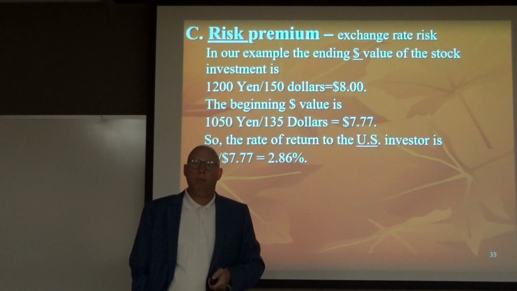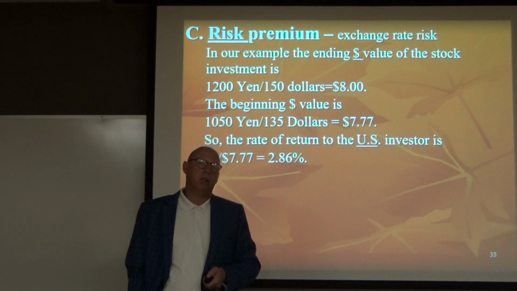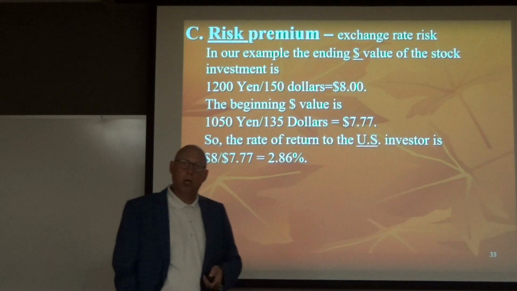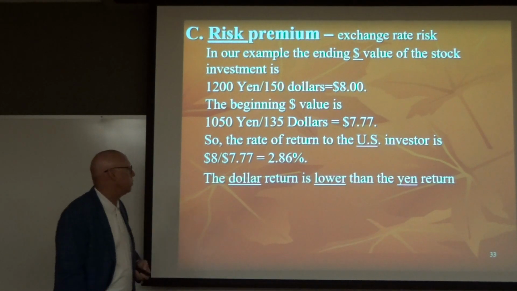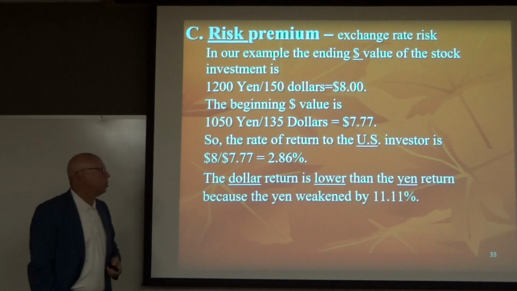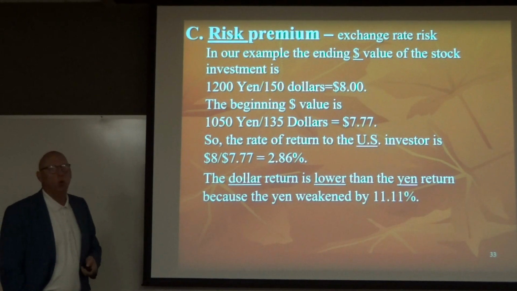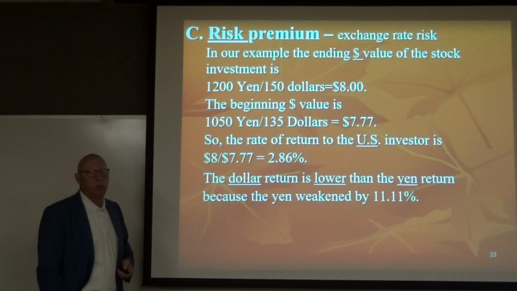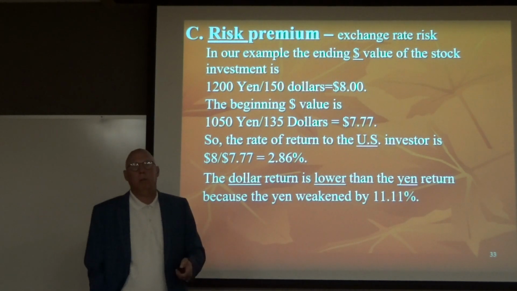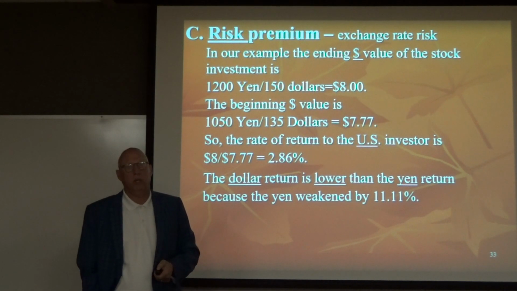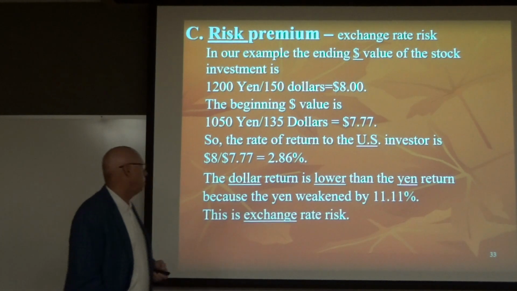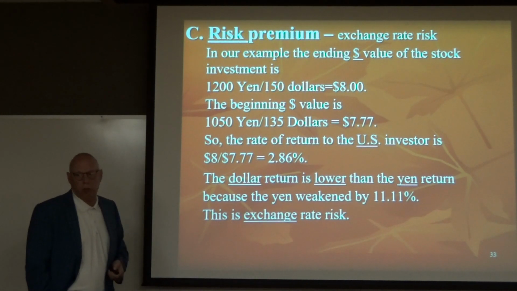But anytime we want to convert our yen back into dollars and bring it back to the United States, we could be subject to a currency or exchange rate problem. Okay? So the dollar return is lower than the yen return because the yen weakened by 11%. So the stock went up, but the yen went down. Okay? And this is exchange rate risk.